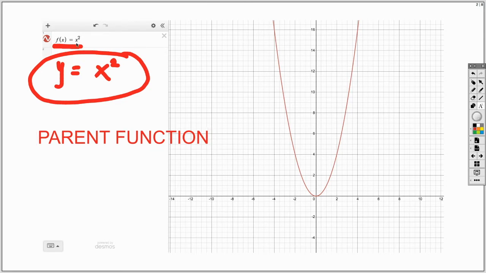In algebra, this is what we call the parent function. The ones that keep on changing will be based on the parent function.